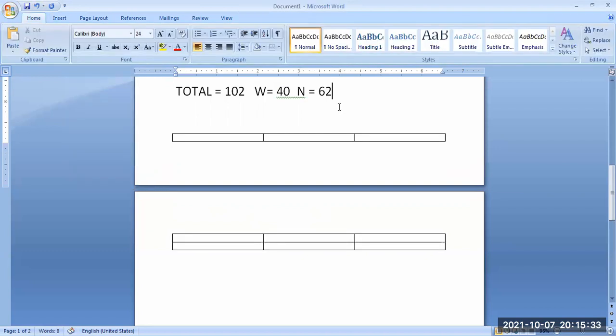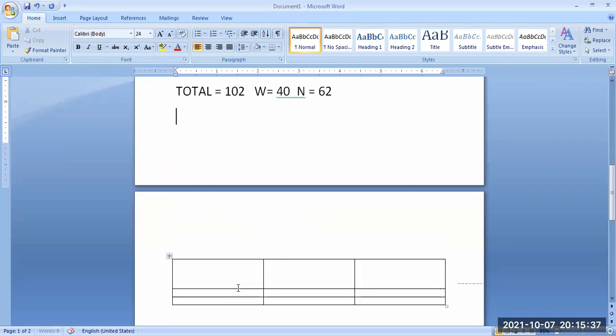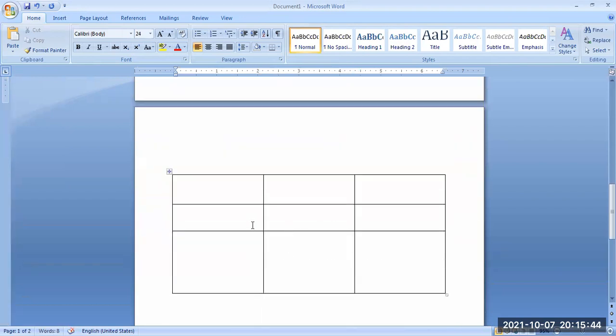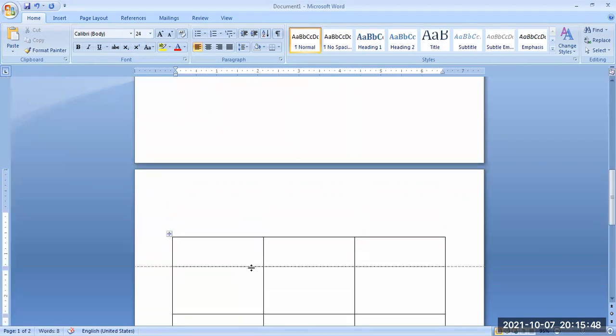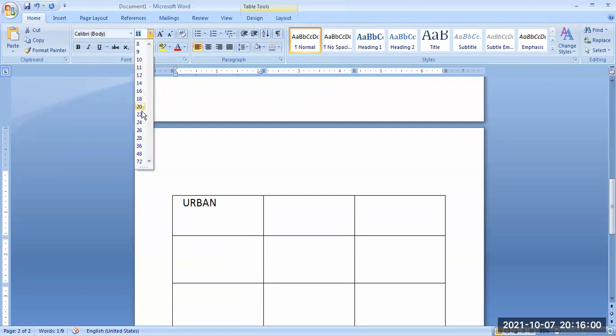I am drawing a table. We have to depict it in a table. How I am doing it, you check it and you also have to do like this. There is no hard and fast rule. I am preparing in my own way.